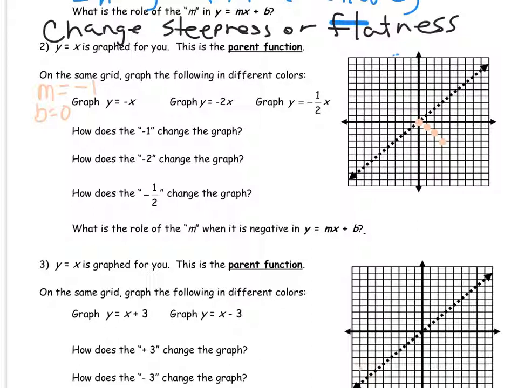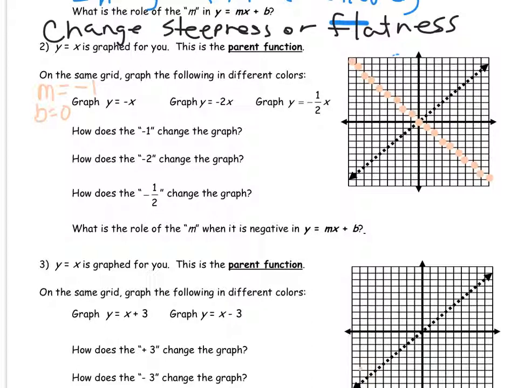Down 1, and I'm going down first because it's negative, but I'm still running to the right. Now, if I want to go backwards, I'll go up 1, but now I'm going to have to run backwards to the left. Okay, and we're just going to leave this one as a dotted line.